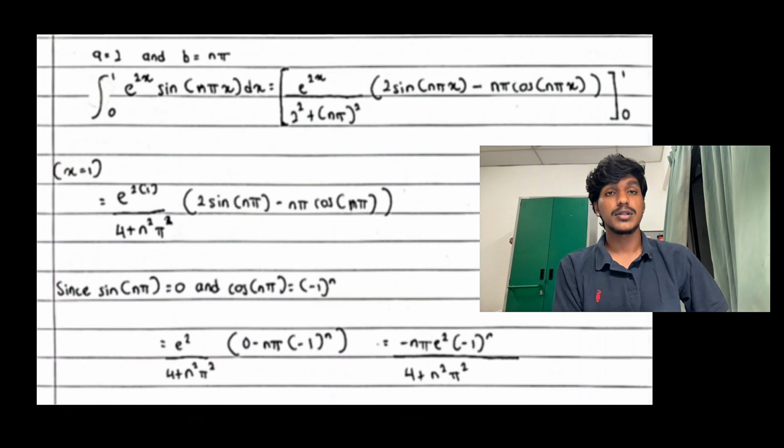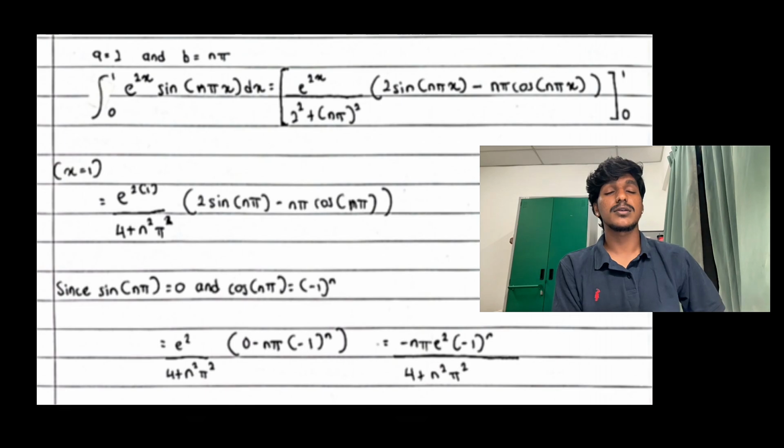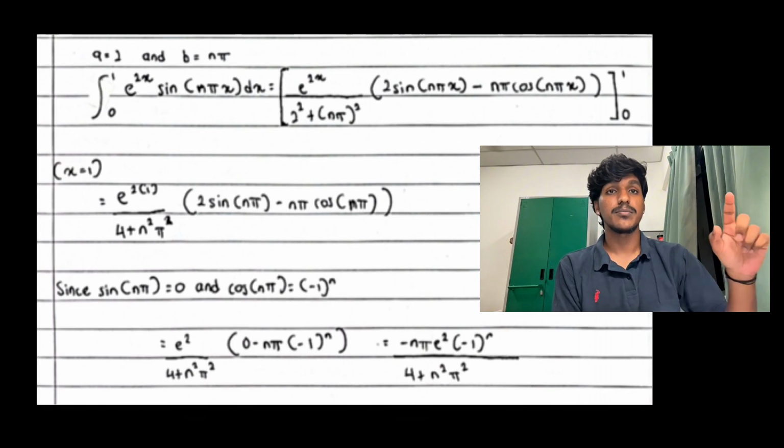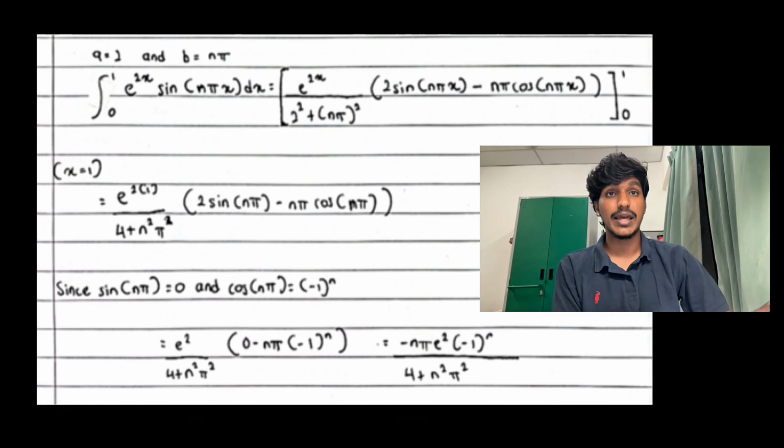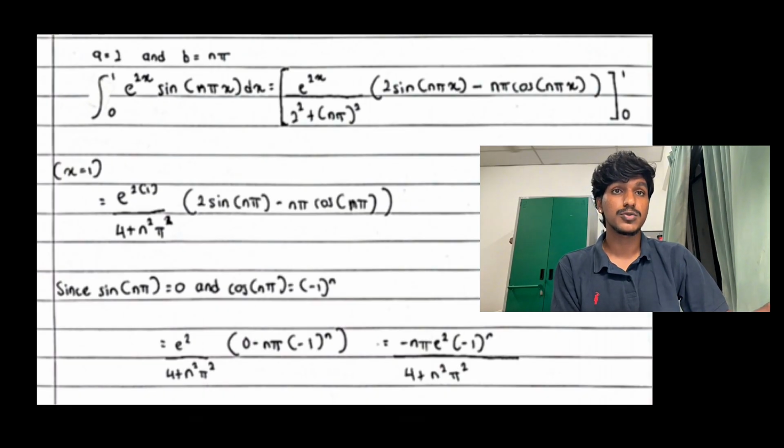The final calculation will be bn equals 6 n pi (1 minus negative 1 to the power of n e^2) over (4 plus n squared pi squared).